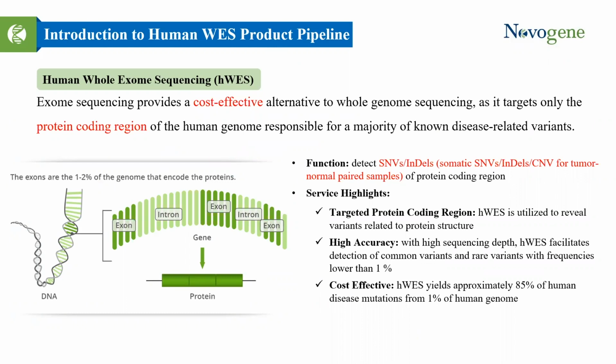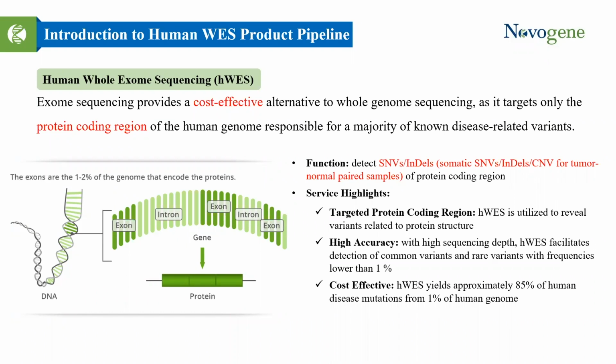So whole exome sequencing is becoming a cost-effective alternative to hWGS, which targets only the protein coding region of the human genome responsible for a majority of known disease-related variants.